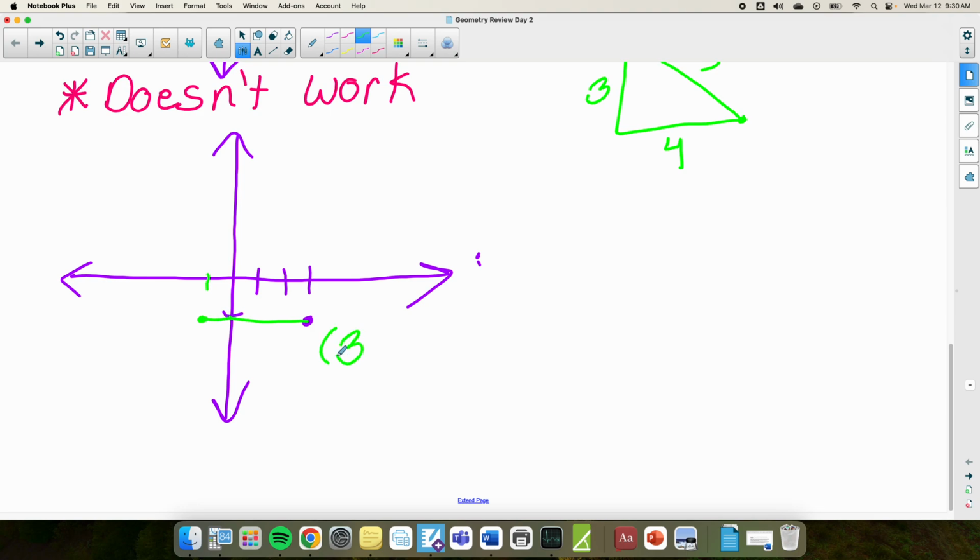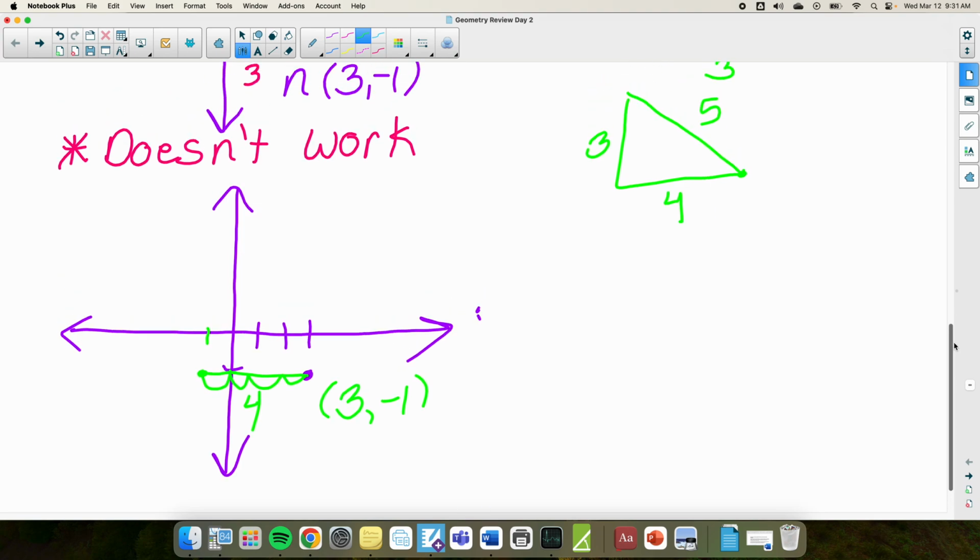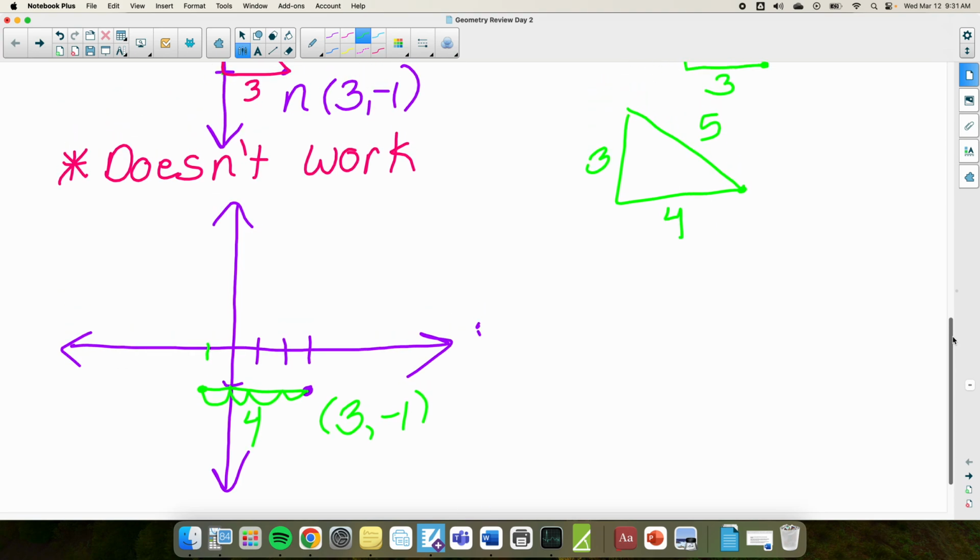This is (3, -1), so I'd go over 1, 2, 3, 4, okay? Then, according to this triangle, I have to go up 3. And right now I'm at -1, so I'm gonna go up 1, 2, 3. And then if I do that, this would automatically be 5, which is the length that we're looking for, okay?